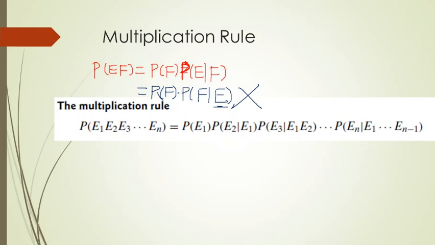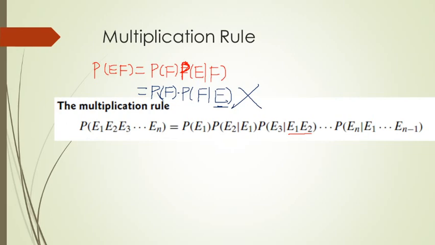That will be the probability of event E1, times the conditional probability of E2 given event E1 occurs, times the conditional probability of E3 given the new event, E1 and E2, occurs.